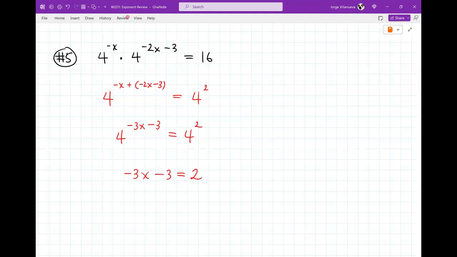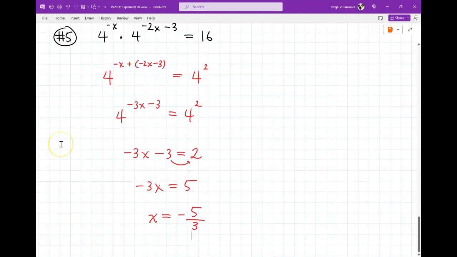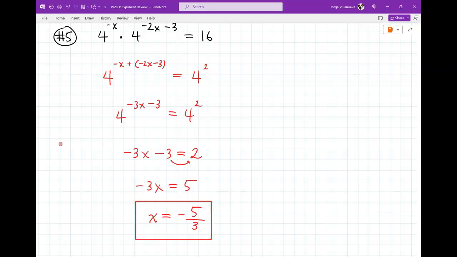I'll move that minus 3 over. So negative 3x is equal to 5. And then I'll divide both sides by negative 3. And I'm going to end up with a fraction, but like I said, that's okay. Fractions are fine. Okay? So here's your answer for that.